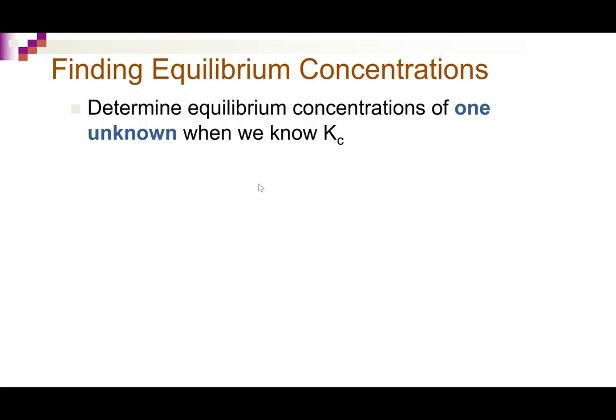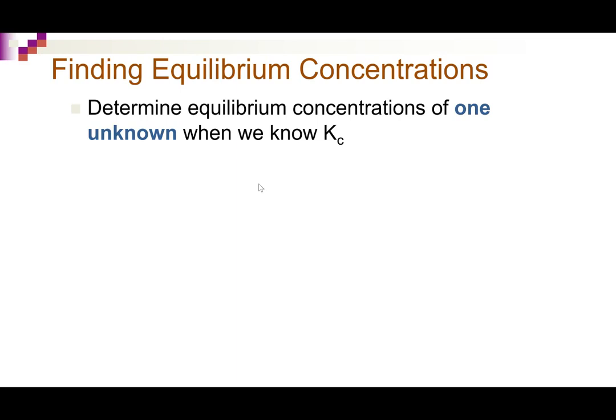I've tried to organize the three different types of problems that we will encounter. Of course, inside of each of these three categories, there are all kinds of little nuances and twists, but I try to do my best to categorize these into one of three categories. The first category is the easiest one, and it's the one we're going to talk about in this slideshow.